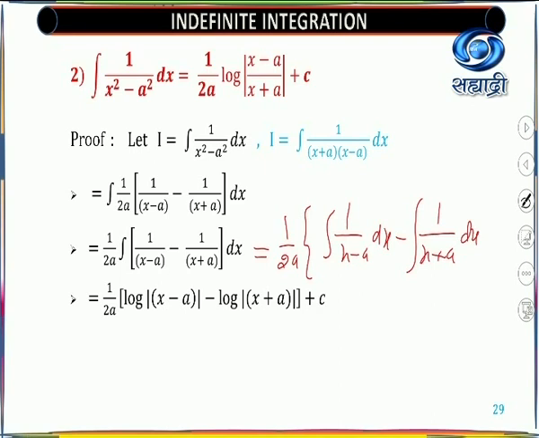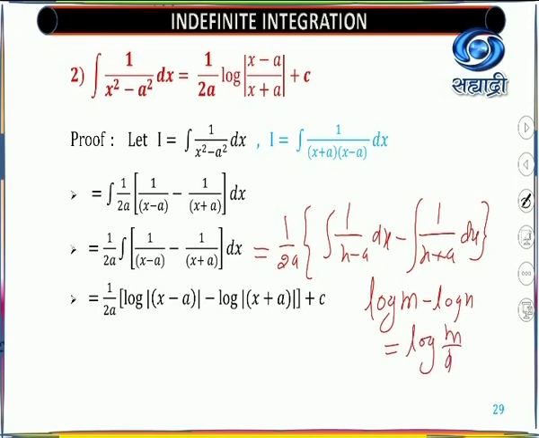Okay, so this way you immediately have your formula. What is the formula in terms of log? So you will get 1 upon 2a log mod x minus a minus log mod x plus a plus constant of integration. And one more formula you are using, log m minus log n, which is nothing but log of m upon n.